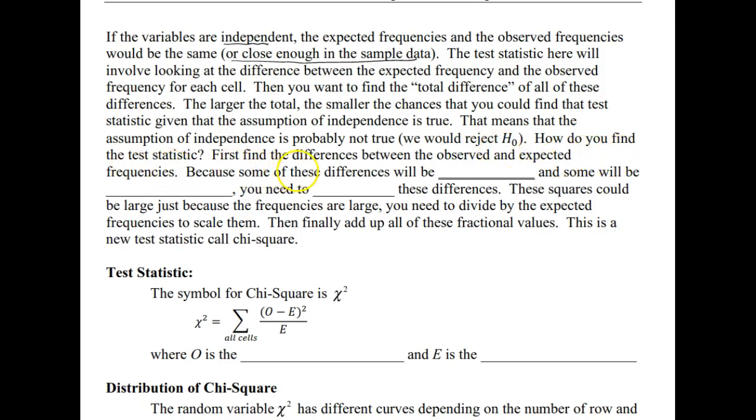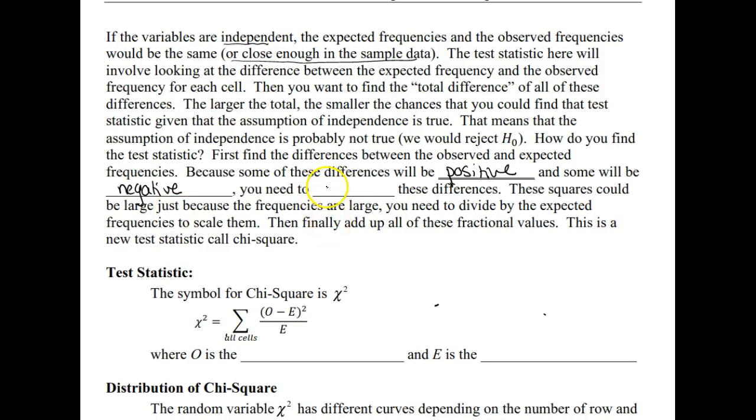Well, first we're going to find the difference between the observed and expected frequencies for each cell. Now, some of these differences will be positive, and some will be negative. We've seen this happen many times now with standard deviations and variances back in the first unit, and in the last section when we were looking at residuals.